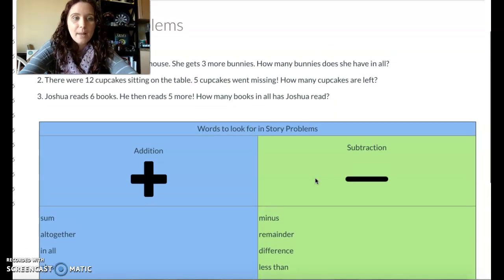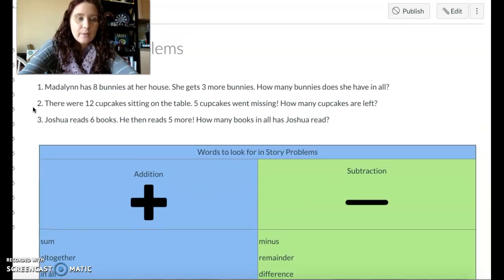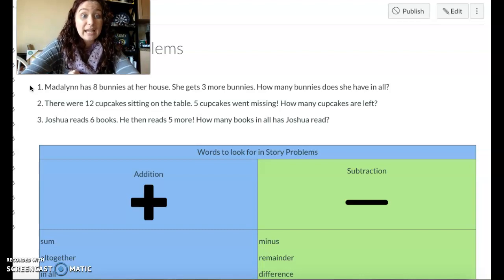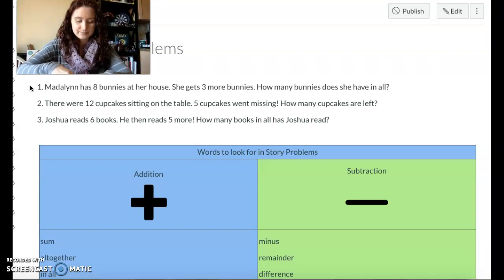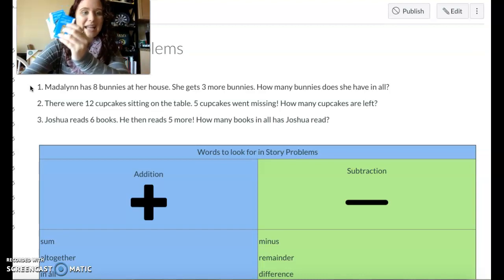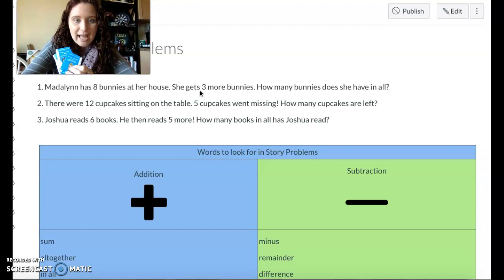All right, I'm going to scroll back up and I'm going to work out problem number 1. Number 1, Madeline has 8 bunnies at her house. So I'm going to count out 8 of my objects. All right, here are my 8 Monopoly tickets. She gets 3 more bunnies.